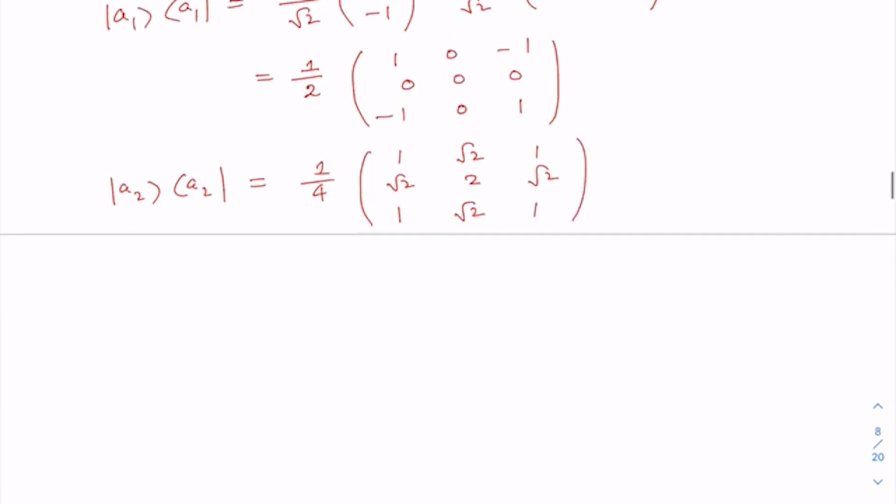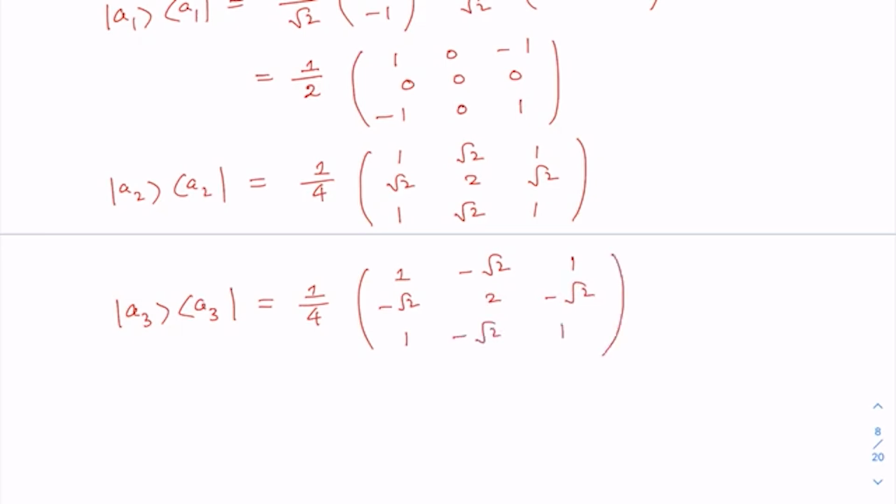This is what you will get. And ket a3 bra a3, you will get as 1 by 4 (1, minus root 2, 1; minus root 2, 2, minus root 2; 1, minus root 2, 1).